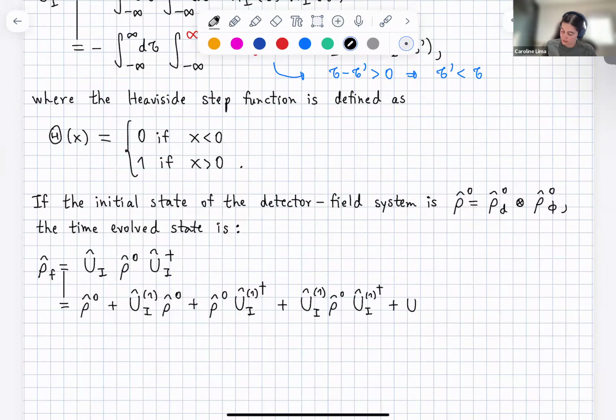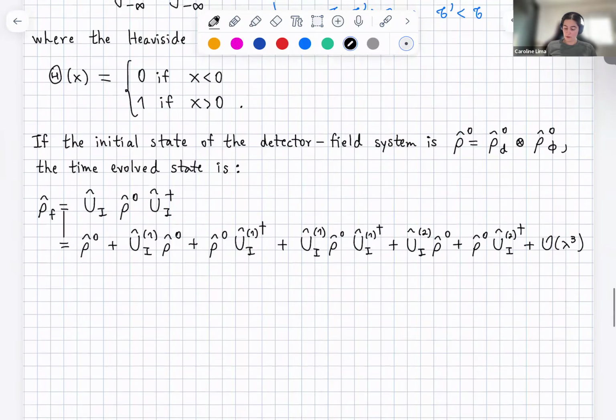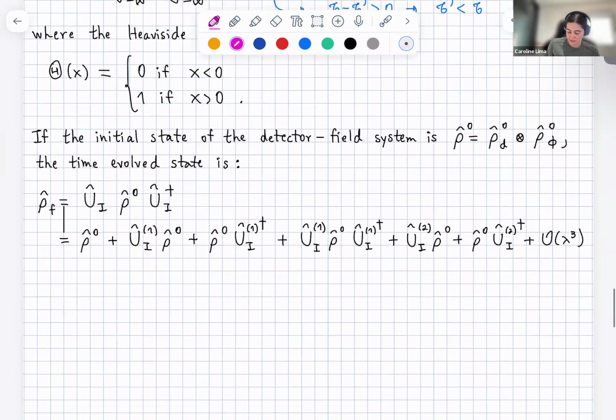Or I can also act with the U2 correction on one side and identity on the other side, or identity on one side and U2 dagger on the other side, plus higher order corrections. Obviously the first one is just the zeroth order contribution, just the same thing.